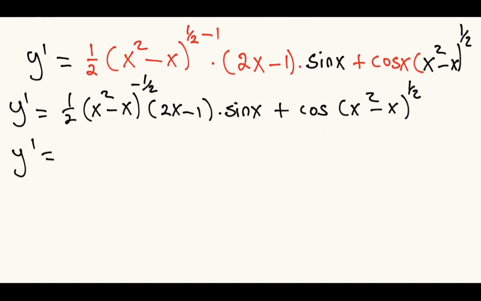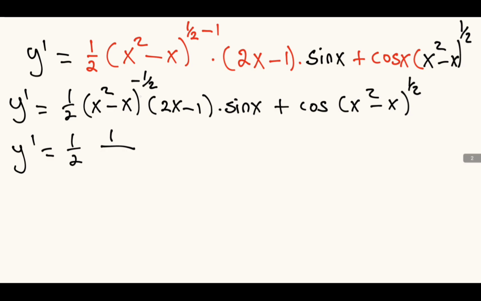This will be equal to 1 over 2 multiplied by 1 over, so we are taking this x squared minus x raised to the power negative 1 over 2 from the numerator to the denominator, and the exponent is going to change sign from negative 1 over 2 to positive 1 over 2.